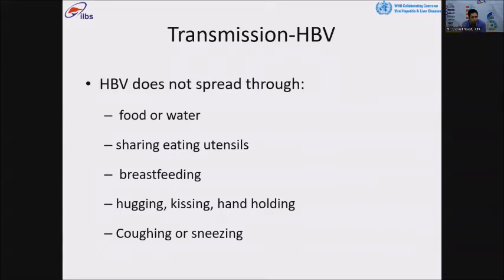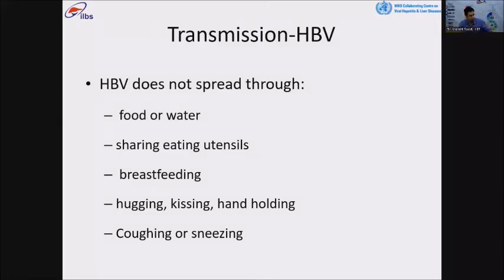So don't worry, we have been telling this for decades. If you can stand with someone with hepatitis B, you can have casual contact with them. You don't have to discriminate against these people just because they are carrying hepatitis B, hepatitis C, or HIV infection. These three viruses do not spread through these things. So be very comforting to these patients and do not discriminate against them.